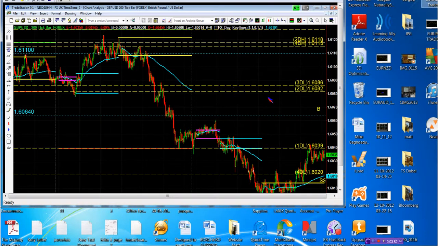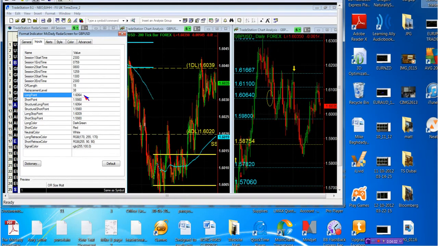Now it's safer to buy it above the 160.64. When we bought it last week above 160.40, it didn't go anywhere. So this is going to be our structure long point and our stop. On the short side, we're going to go short below 160.20.